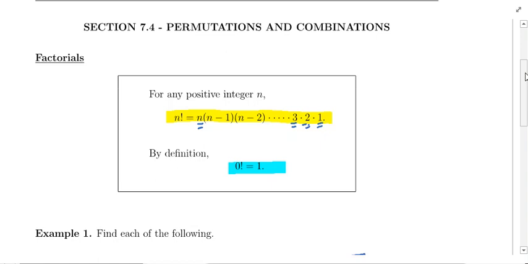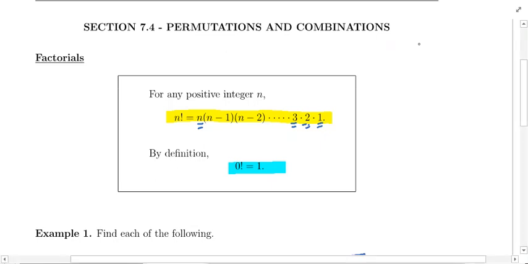You just have to be able to recognize your problem as a permutation or a combination, and then you apply the formula. The formulas for both involve factorials, so that's why I wanted to make sure you understood what a factorial was before we moved on.